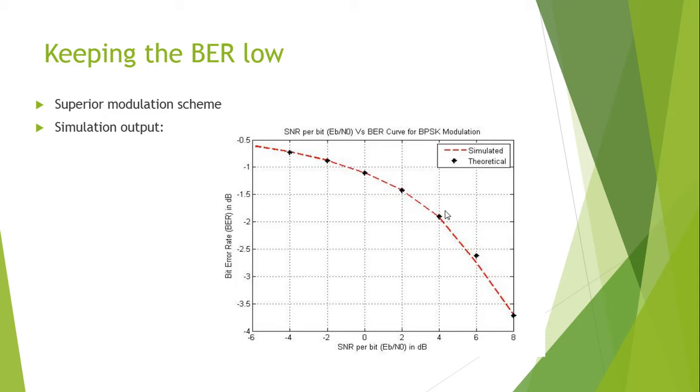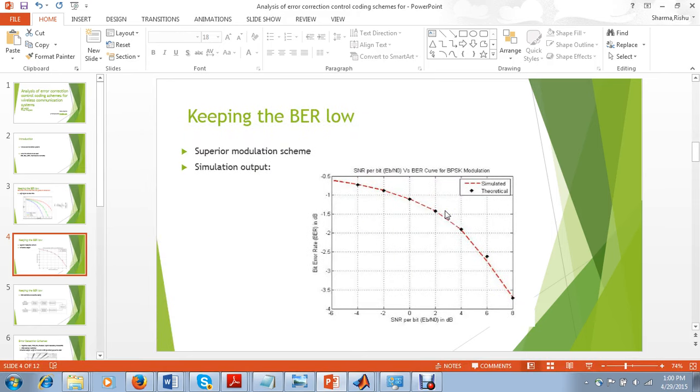So that leaves us with superior modulation scheme as the second option. Now, modulation is decided based on rate, bandwidth, carrier frequency, distance, filter performance, and type of modulators. Let's run a simple program to plot a BER versus SNR plot for BPSK modulation to reinforce what I just said.